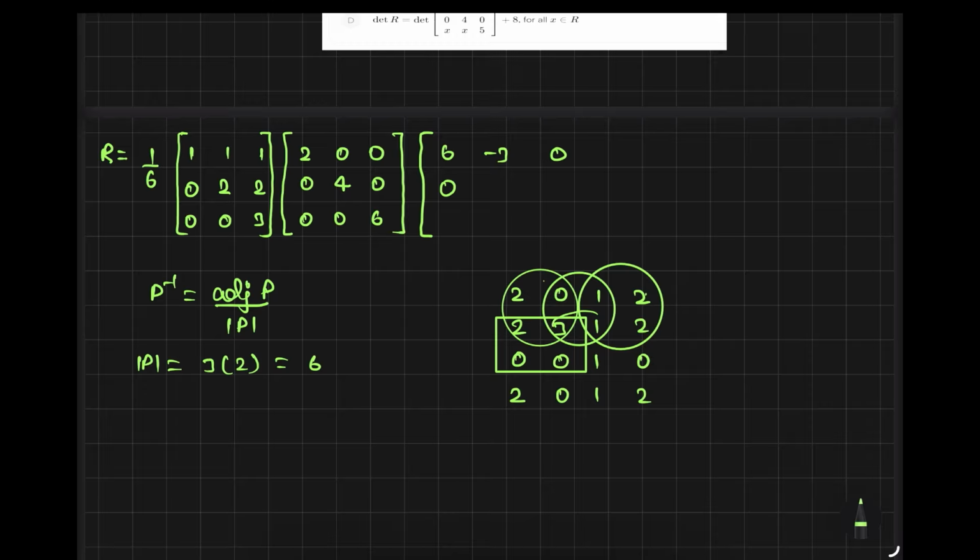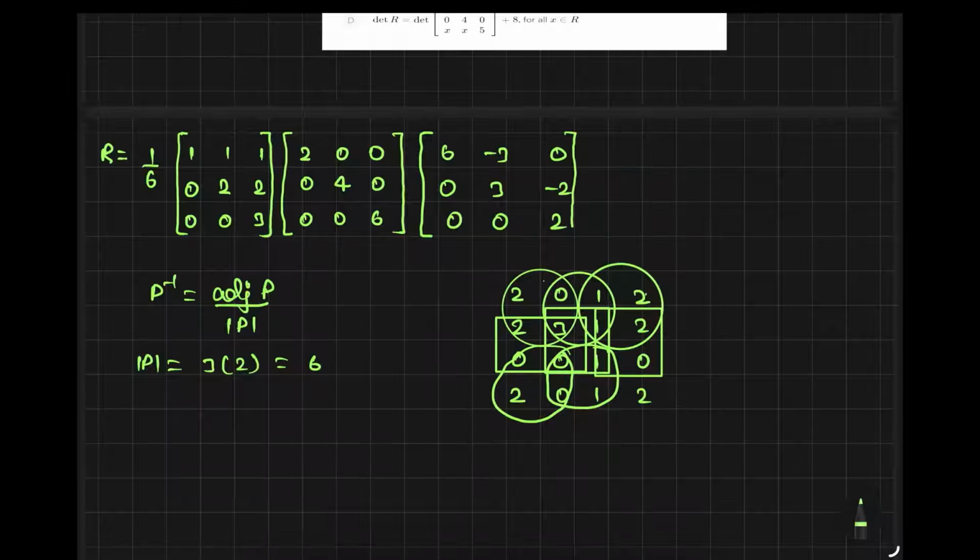Then we have 3. Then we have 1 minus 2. And then we have 0, then we have 0, and then we have 2. So you got your things done. I hope till this part you guys are okay.